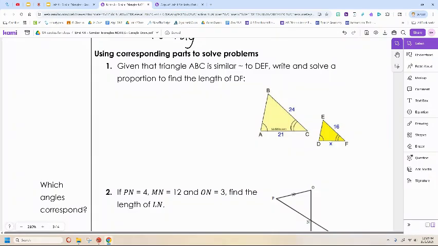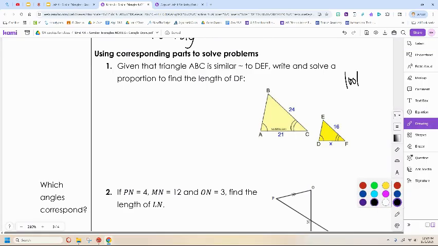Given that triangle ABC is similar to DEF, write and solve a proportion to find the length of DF. So first thing you're going to do is really look at the picture. And it's not that they're different sizes that I care about. Are they oriented the same?